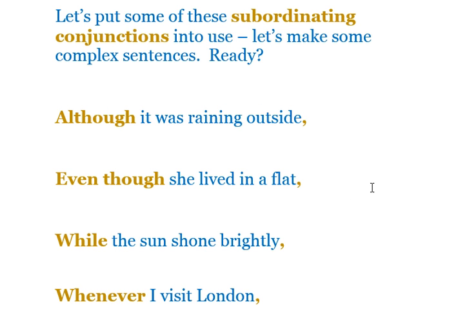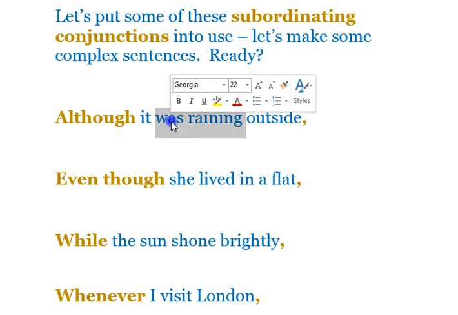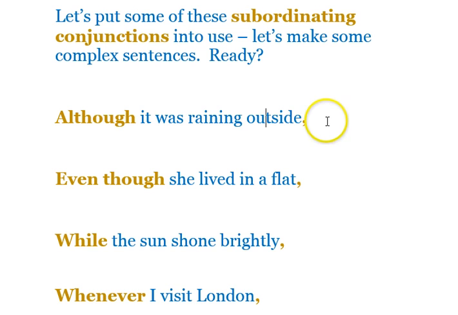Let's put some of these subordinating conjunctions into use. So let's make some complex sentences. Are you ready? So we have a dependent clause here. It doesn't make sense on its own. Although it was raining outside, there is a subject, there is a verb. However, it doesn't make sense. We need something else.